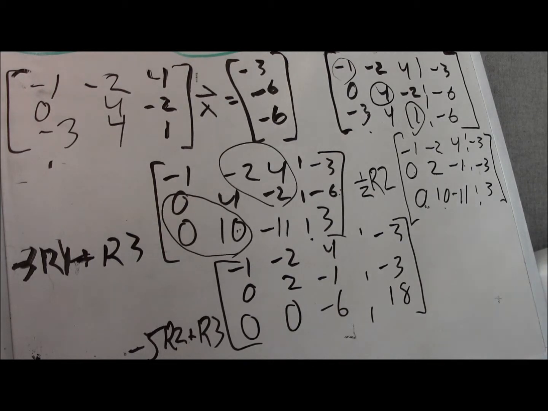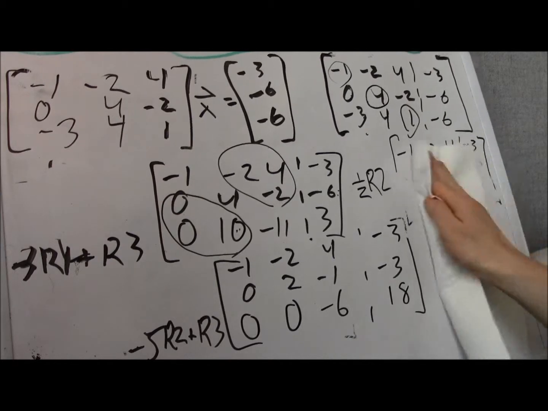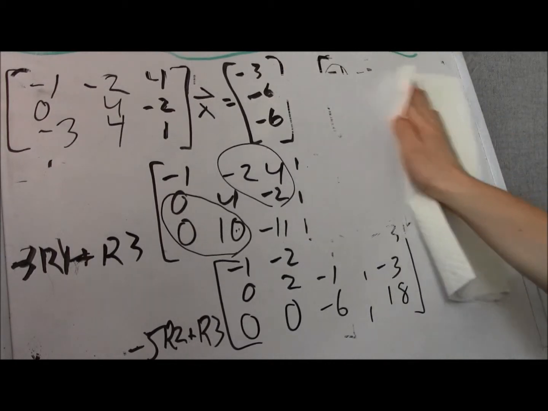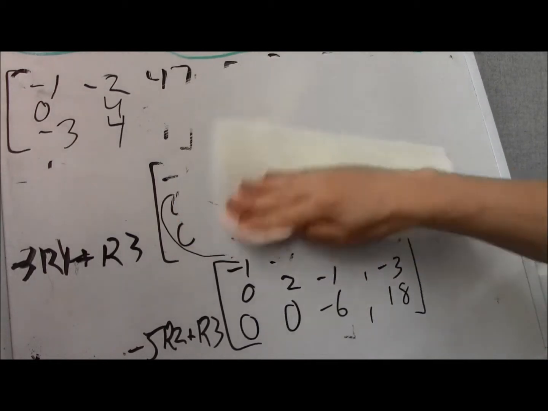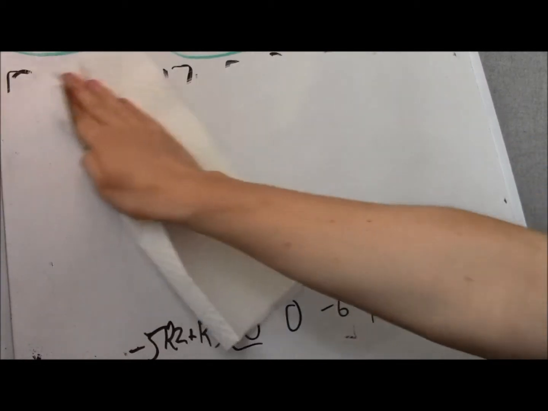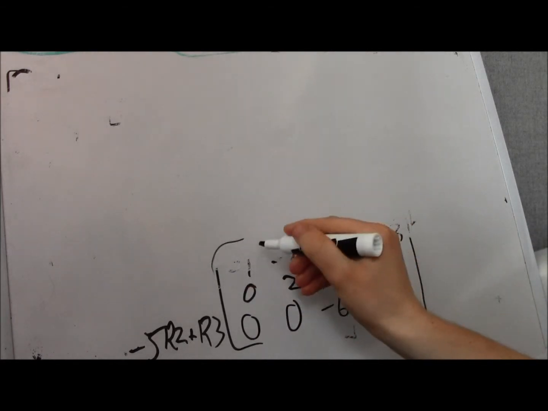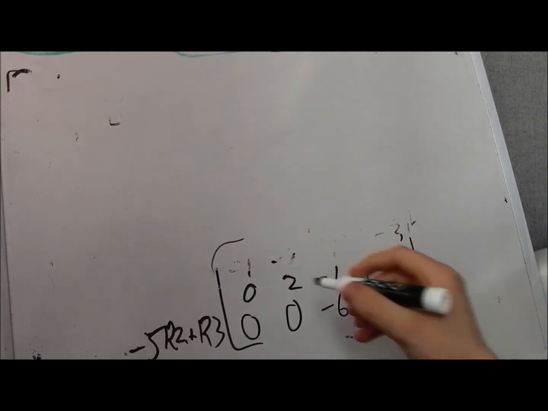And now we have a bunch of zeros, so we can simplify this pretty quickly.